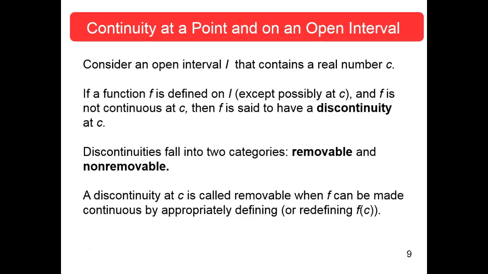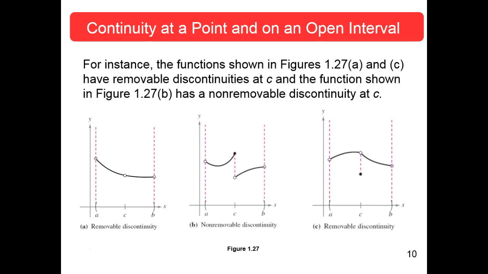A discontinuity. We just said that. And here they are again. I didn't know they were going to do the same three over here. For instance, the functions shown back there are removable. This one's removable. That one's removable. Because everywhere else, the limit exists. If you just define f of c equal here, it's not defined in the original, just add a piecewise function.